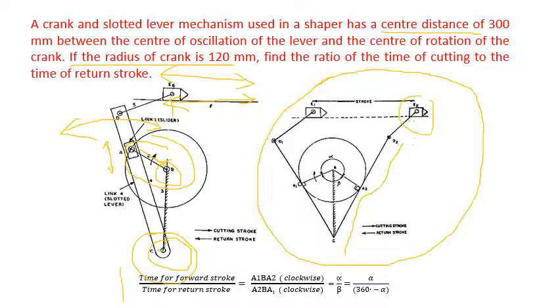This is the time ratio: time taken for forward stroke or cutting stroke divided by time for return stroke. A1 to A2 in clockwise direction means this angle alpha. Next, the time for return stroke: A2, B, A1 in clockwise, which is nothing but beta. Therefore this beta can be written as 360 minus alpha.